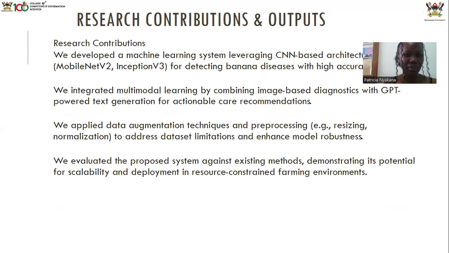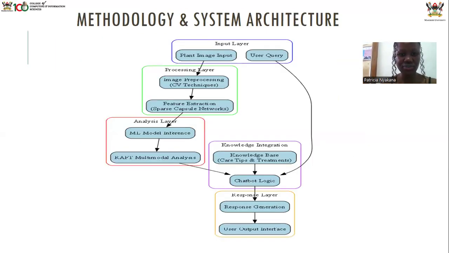Research contributions: we developed a machine learning system leveraging the CNN-based architecture. We also integrated multimodal learning by combining the image-based diagnosis with GPT-powered text generation for actionable care recommendations.